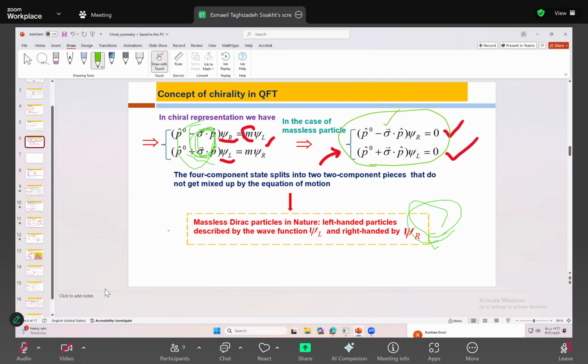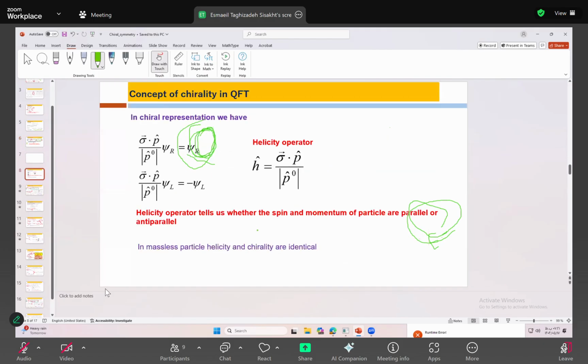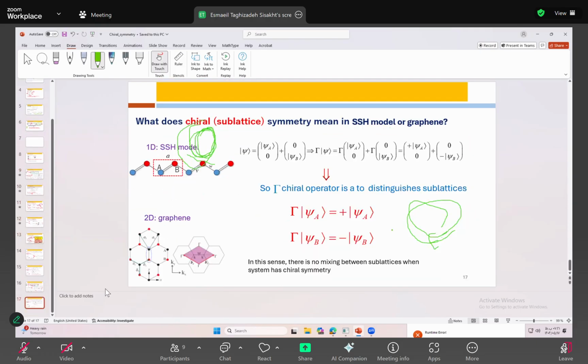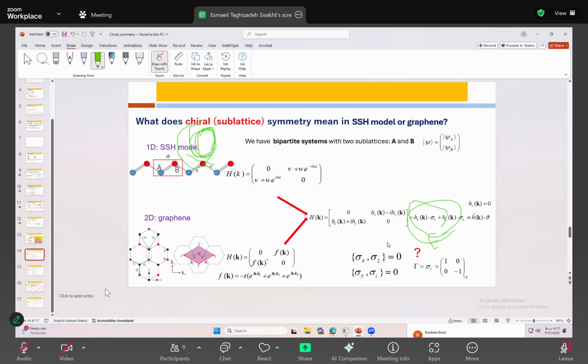No, but actually, if we consider the dispersion of graphene near this K point, for example, around this K point we can rewrite the general form as something like this: sigma x, Ky sigma y.